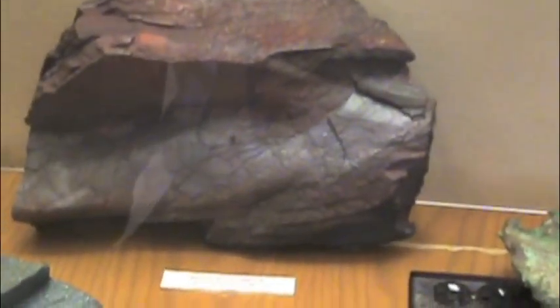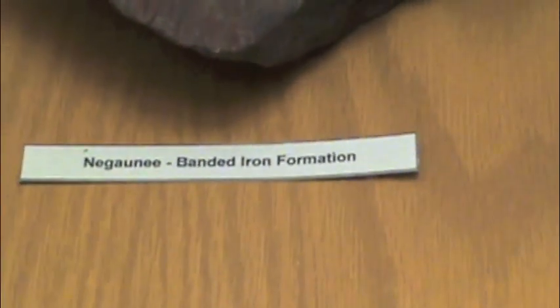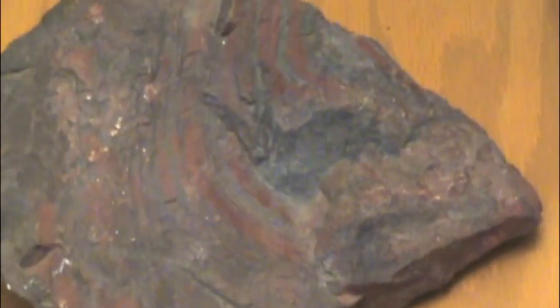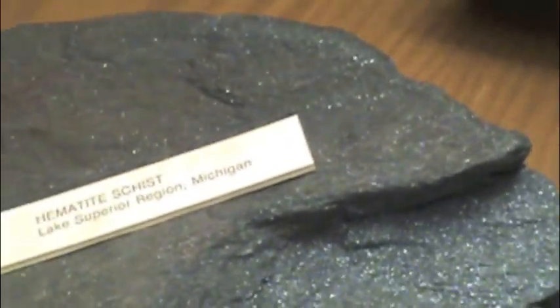Also got a lot of BIF or banded iron formations. Got some really nice ones outside, but like I said, it's raining out there, so we're going to stay inside primarily. That's a banded iron formation. You can see all the bands in it. There's my hematite, but this is hematite schist.